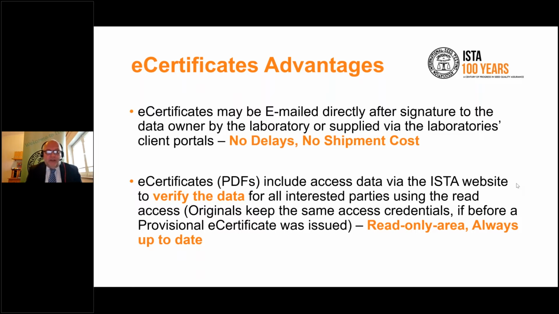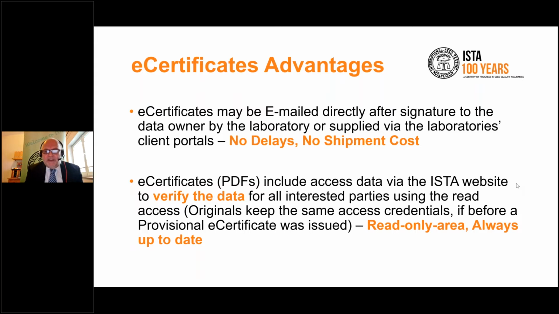Please note that the originals keep the same access credentials if they were issued before as provisional e-certificates. That means a provisional number is not changing and the credentials are not changing when this provisional becomes an original.